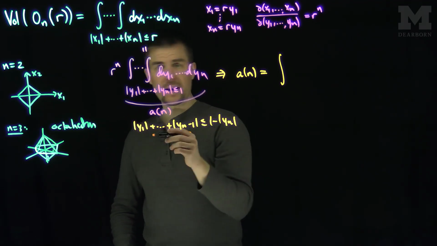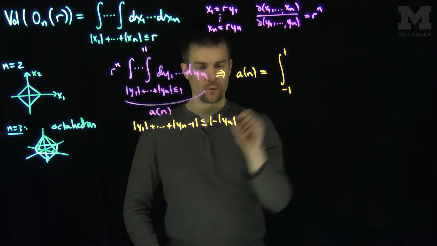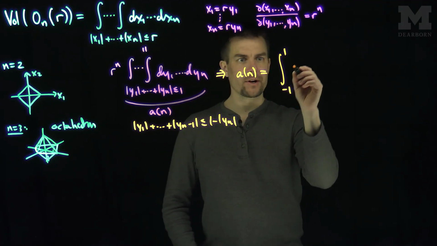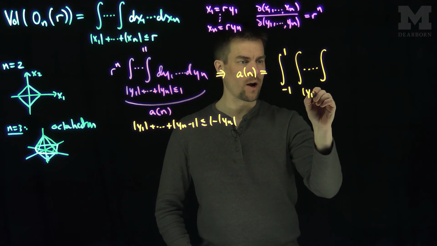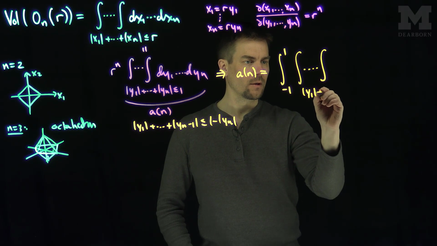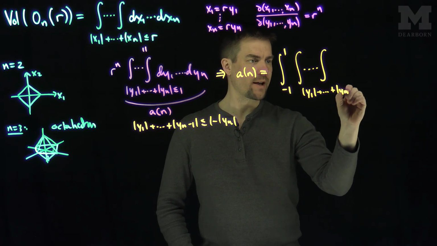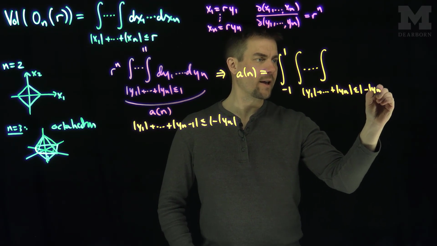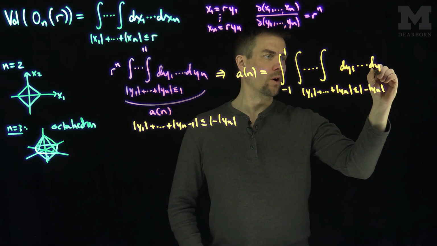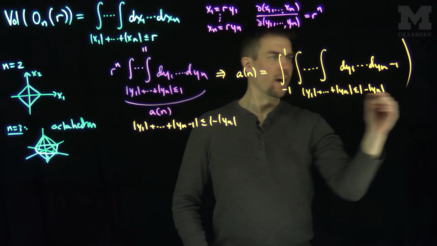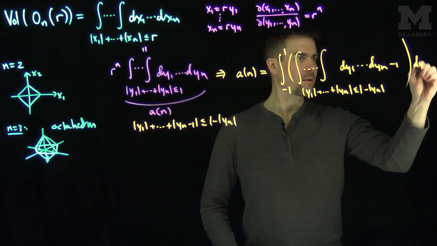Yn resides anywhere between -1 and 1. And then what we'll have over here is we'll have the rest of the integrals, the n minus 1 integrals, absolute value y1 plus ... plus absolute value y n minus 1 less than or equal to 1 minus absolute value yn. Then we'll have dy1 through dy n minus 1, and then finally a dyn.